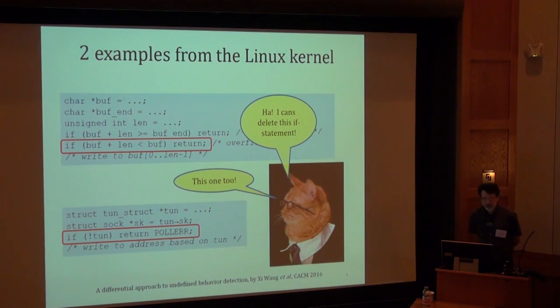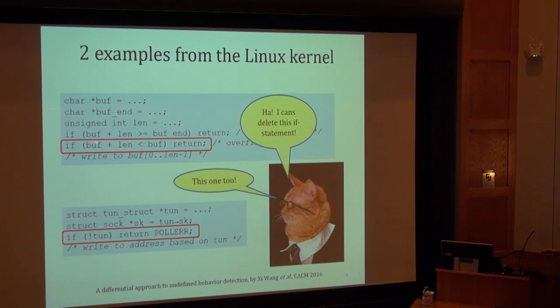Here are two pieces of code from the Linux kernel as of 10 years ago. In the first piece of code, we have an unsigned int len, we have a char star buff, and this line of code: if buff plus len is less than buff, return.